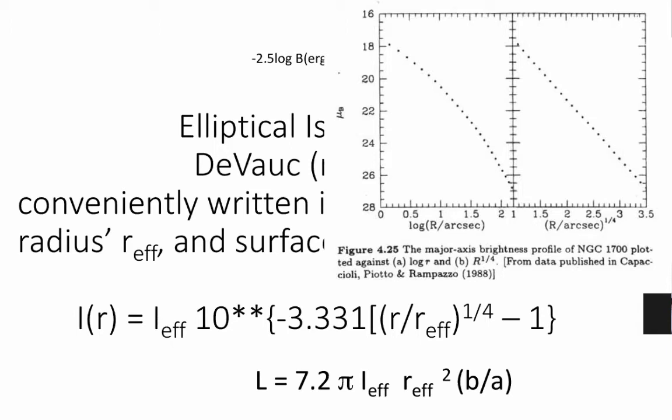I'll let you in on a dirty little secret right now. Nobody ever measures the central surface brightness of elliptical galaxies. Certainly, it was impossible for de Vaucouleurs to do it because this straight line isn't going to work in the center of the galaxy. And he knew it wouldn't work. And he had an excuse why he could ignore everything inside a few arcseconds: astronomical seeing in ground-based observations.